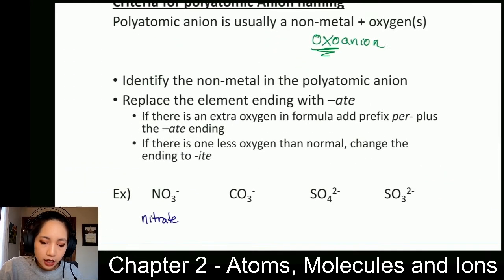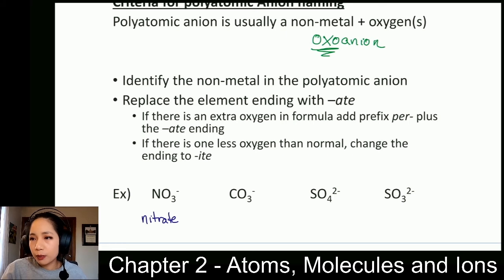All right, so with polyatomic anion naming, again, polyatomic anions typically have a nonmetal plus some oxygens. The base root of the name of the polyatomic anion typically has a root in the nonmetal name. And then when we turn it into a polyatomic anion with oxygens, we typically replace the element ending name with ate, ATE.